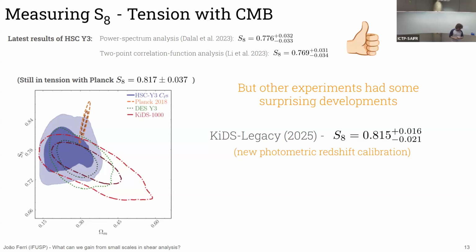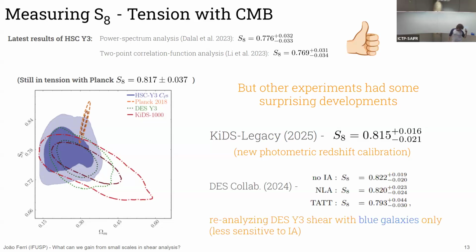And last year, the DES collaboration reanalyzed the DES Year 3 shear data with blue galaxies only, which are thought to be less sensitive to an effect called intrinsic alignment, which I'll explain in the next slide.